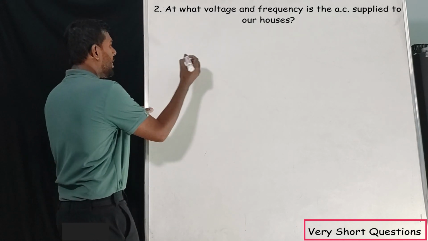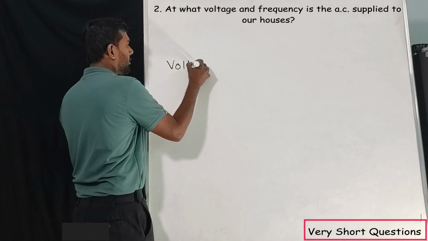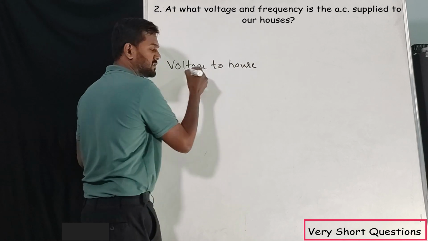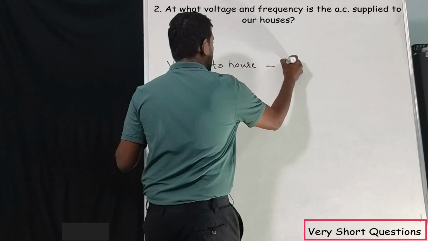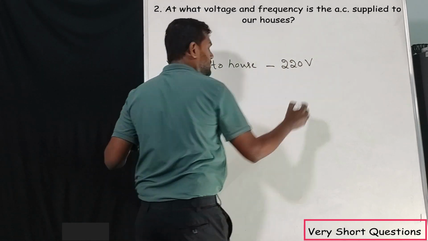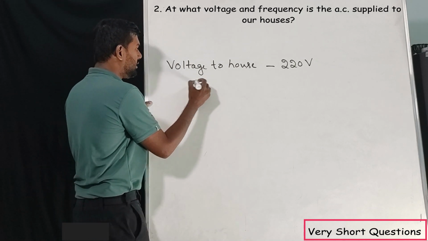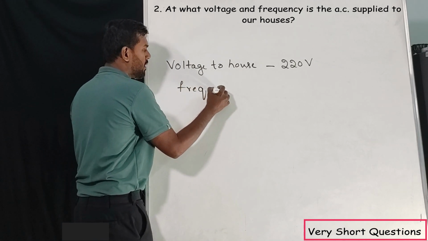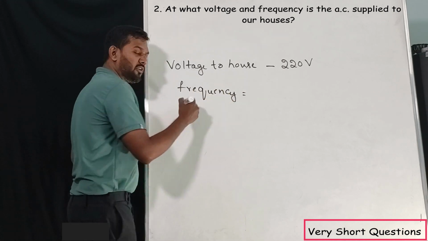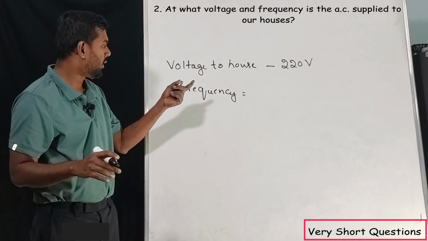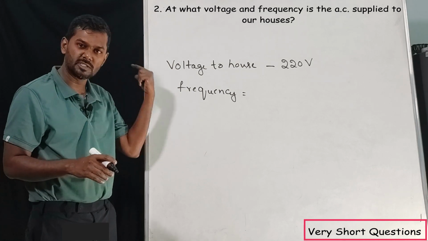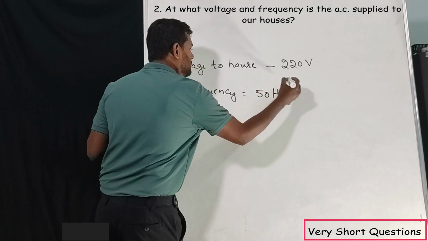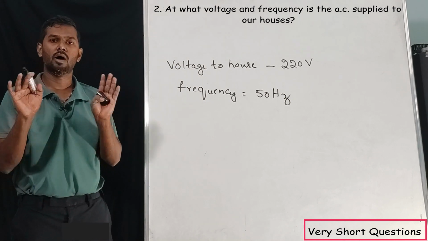The voltage to the house or domestic purpose, anything is fine, that will be 220 volts. And the frequency will never change. Whatever frequency we are receiving from the generating station, that will be equal to 50 hertz, and that is what we are receiving at our home also.